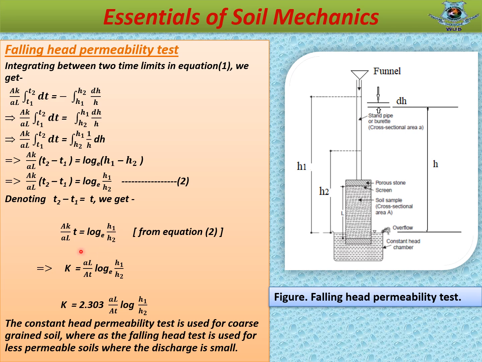Rearranging for K, we can write K equal to AL by At log e h1 by h2. Again we know log e equal to 2.303 log 10. So finally we have K equal to 2.303 AL by At log h1 by h2. The constant head permeability test is used for coarse grained soil, whereas the falling head test is used for less permeable soils where the discharge is small.